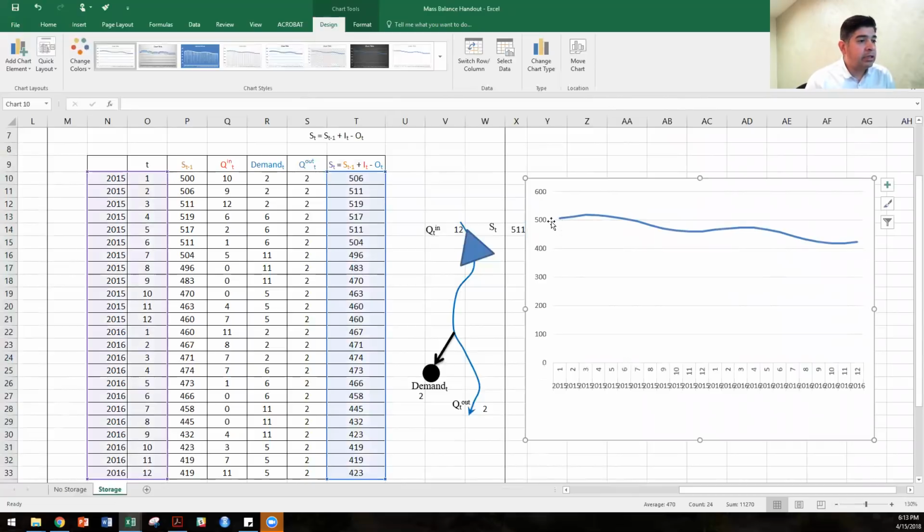And then you can see it went to 506, and it has these kinds of wiggles. Actually, we cannot see all the wiggles in here.